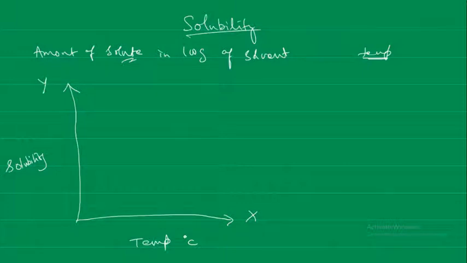The temperature, say up to 100, we take 20, 40, 60, 80, 100. Same thing here, we take solubility in grams, 20 grams of the solute dissolving in, say, 100 grams of solvent, so 20, 40, 60, 80, 100.